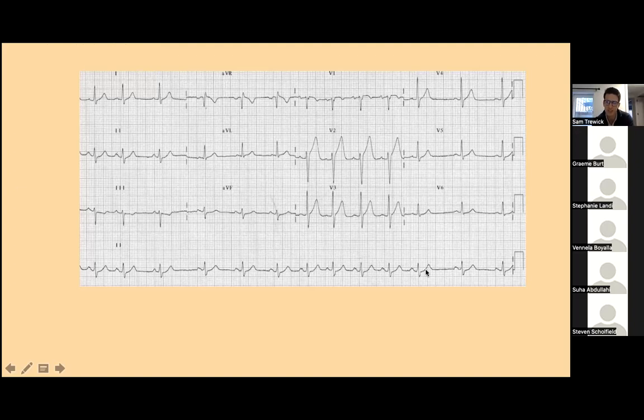What about this ECG? Can anyone, is it Salah? Can you maybe describe this for me? Yes. So the first thing I would do, after checking patient details, is look at the rate. So 1, 2, 3, 5, 6.